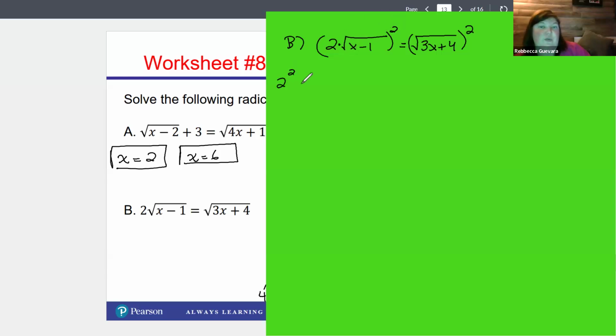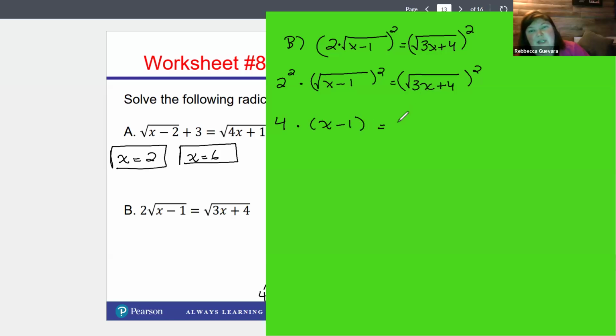So this is just 2 squared times the square root of x minus 1 squared. So really this is just 4. And because this is an isolated square root that I'm squaring, this is going to give me back x minus 1. And then this side is going to be 3x plus 4.